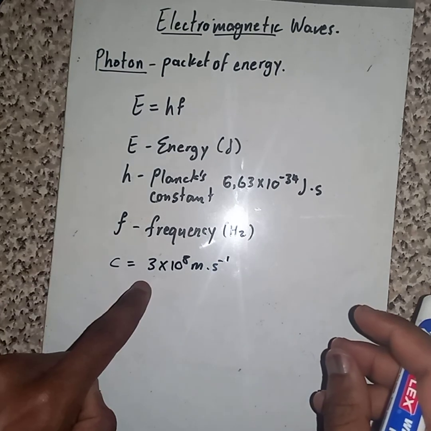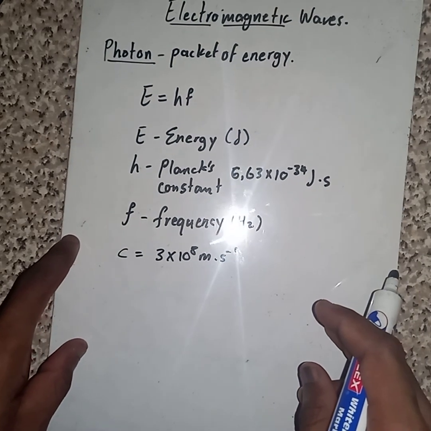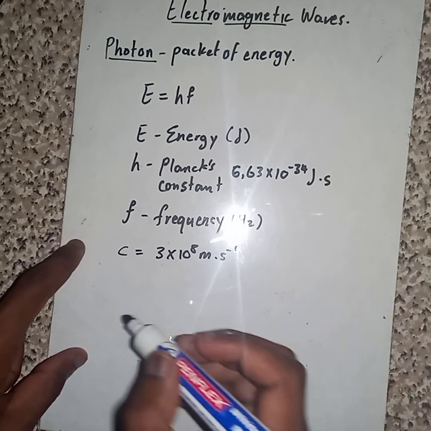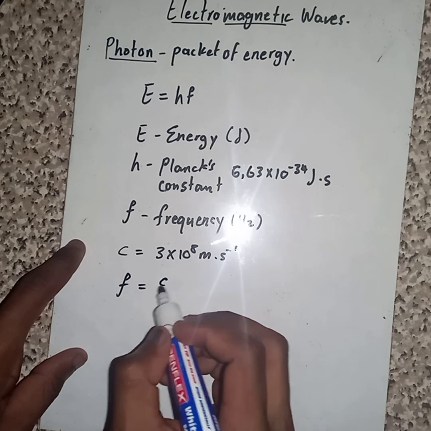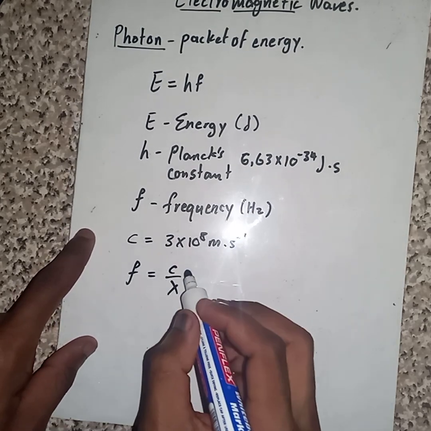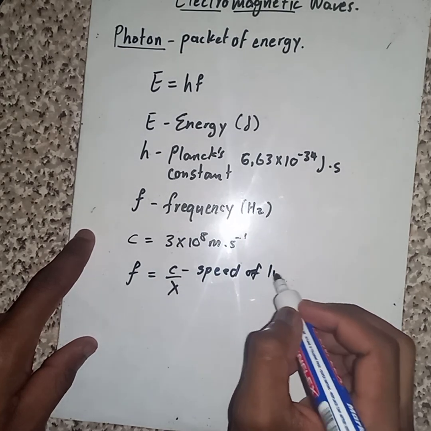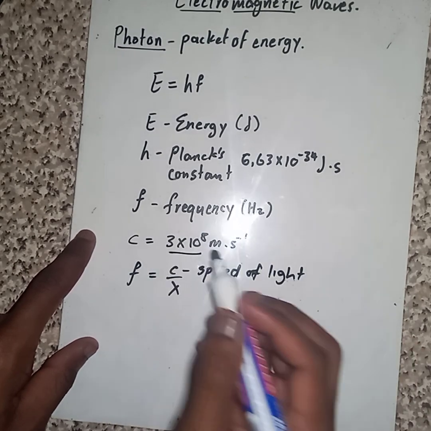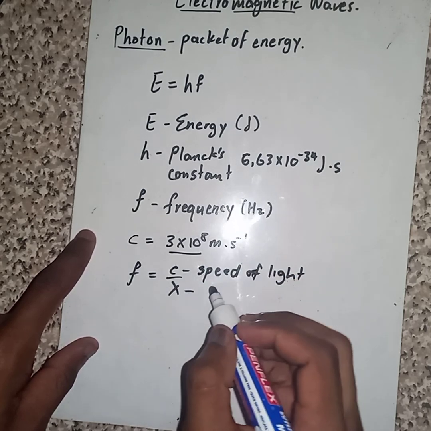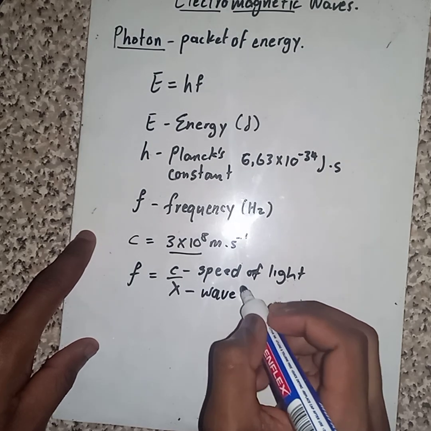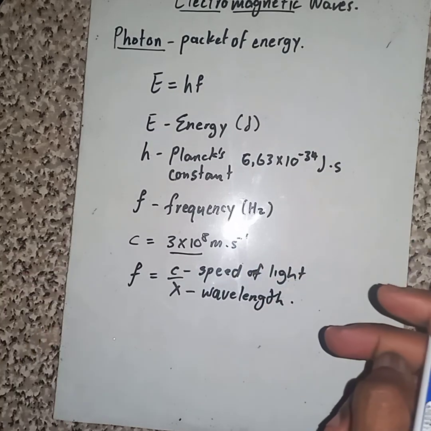I just want to highlight something: frequency can be written in terms of the speed of light, which is 3 times 10 to the power 8, divided by the wavelength. I wanted to highlight that concept.